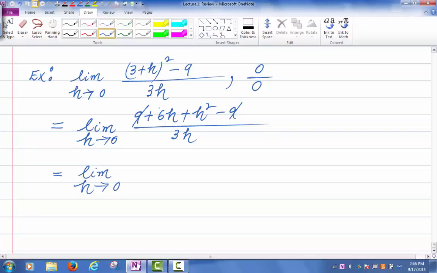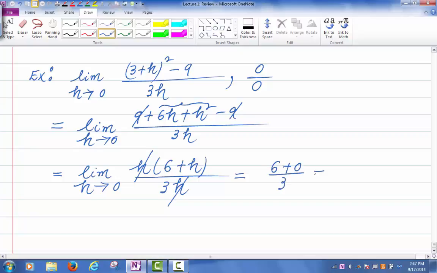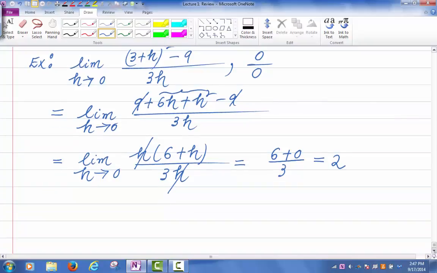Now all I have left is this, right? Can I factor out h and write it as (6 + h) divided by 3? And now I can cancel out the h's, right? And now when I plug in h equals 0, what do I get? I get 2 as the limit. Is that okay? So sometimes you just have to do the obvious algebra and see what happens.